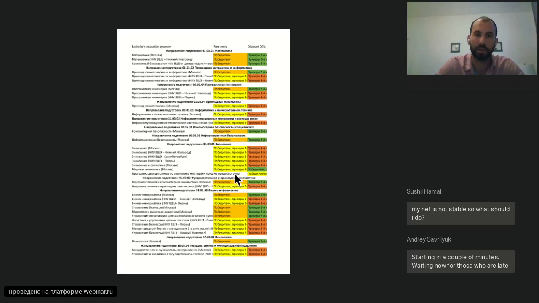It doesn't have free entry admission. It has just this discounted admission, and the conditions are slightly different. I just wanted to make this notice. It's not 70. It depends on the results. So if you're a winner, it will be 70. If you have a second diploma, it will be a bit less. But those are details.